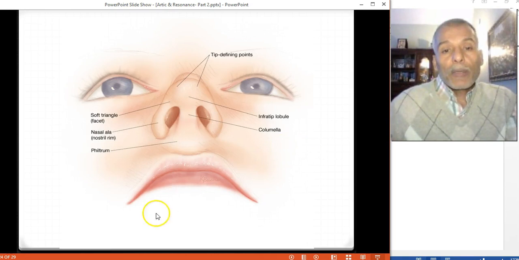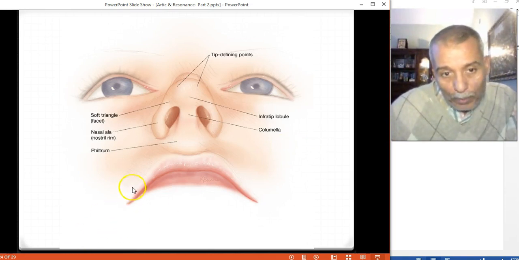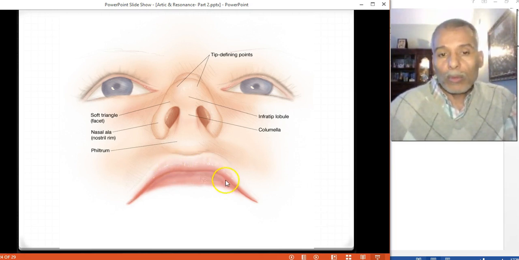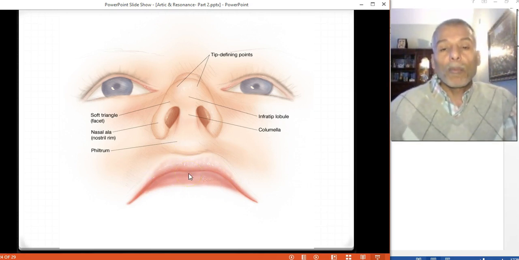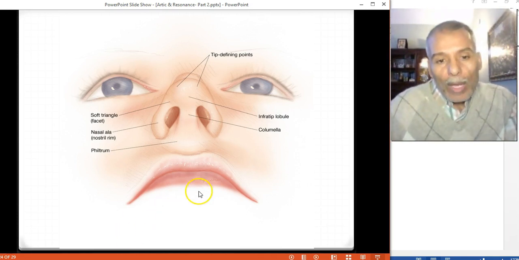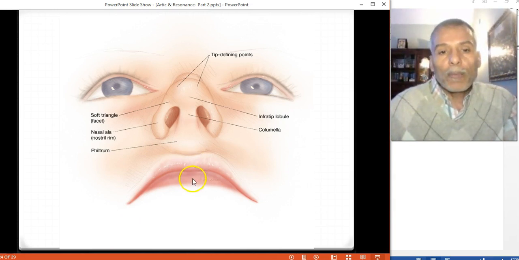So the lips, we have this red piece where, when we put lipstick on, that area is called the vermilion border. Vermilion means worm-like. It looks like a worm, because vermis means worm. So that's the vermilion border, and it's on both lips.